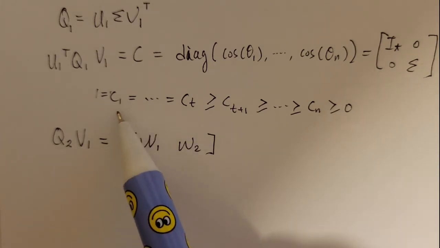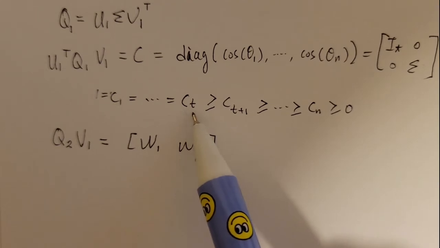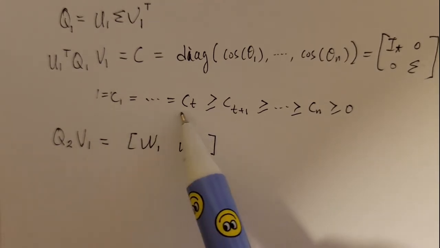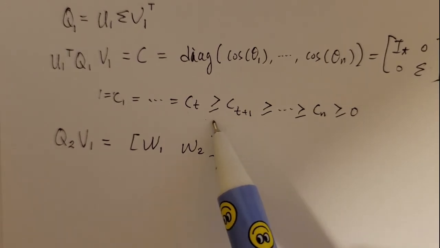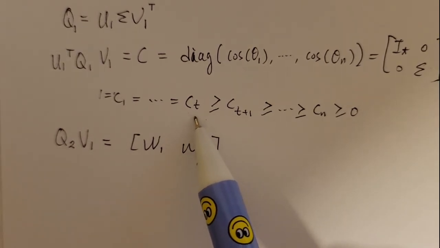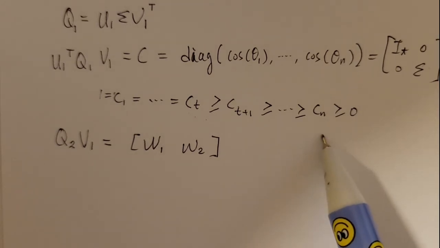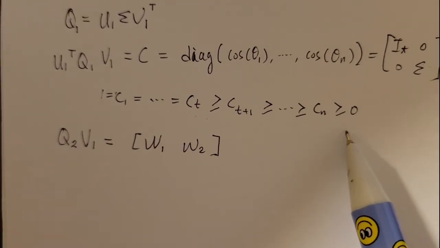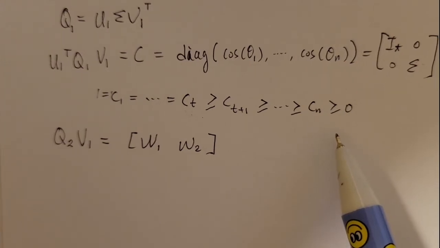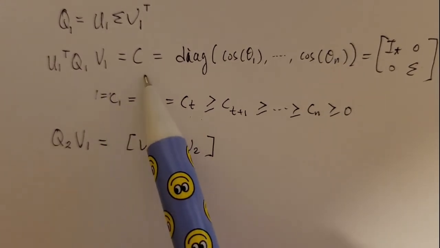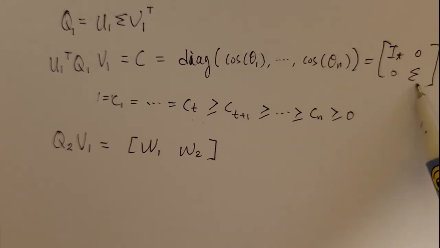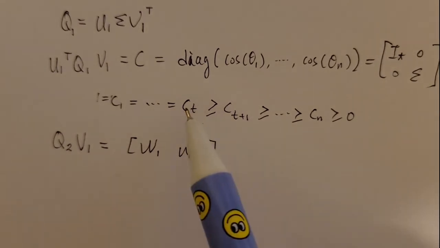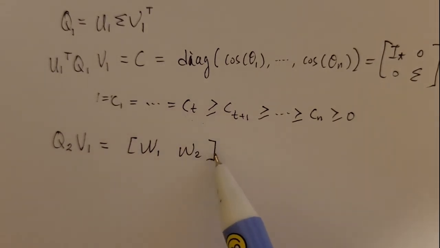We're going to say that C1 through some number CT are all equal to 1, and from CT plus 1 it is less than or equal to 1, all the way to Cn, which is greater than or equal to 0. Then we can represent matrix C as this, because all the ones are the identity matrix, and then all the leftovers are here as a sigma.